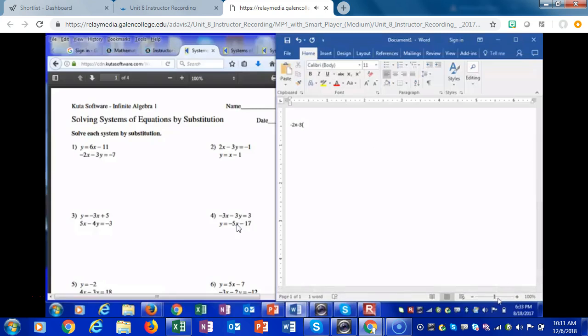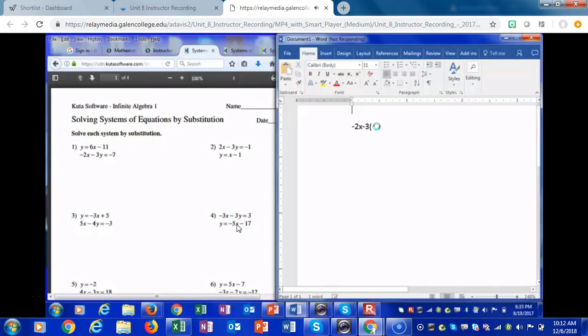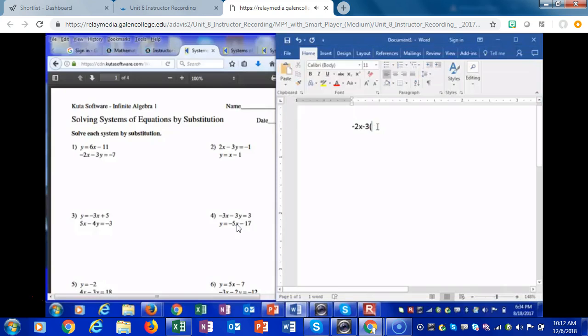Let me just increase my screen. Negative 2x minus 3. In for y, we're going to put that 6x minus 11, and that equals negative 7.